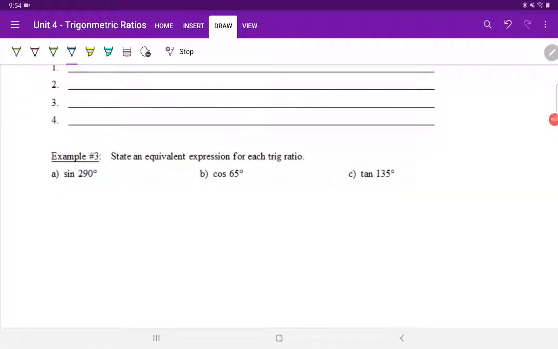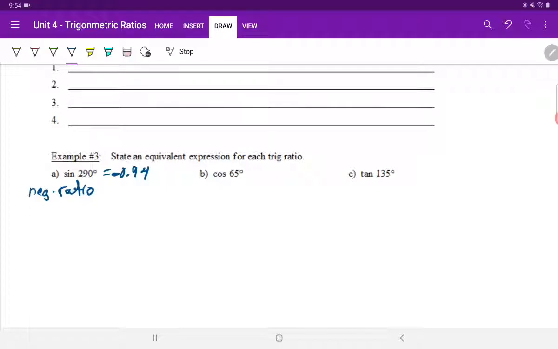You'd end up getting a negative ratio, which makes sense because you'd be in the 4th quadrant, and it's a sine ratio, so only cosine is positive in the 4th quadrant. It'd be negative 0.94, rounded. So we have a negative ratio.